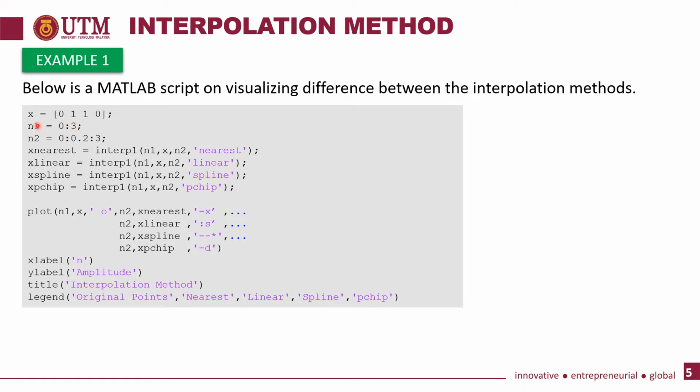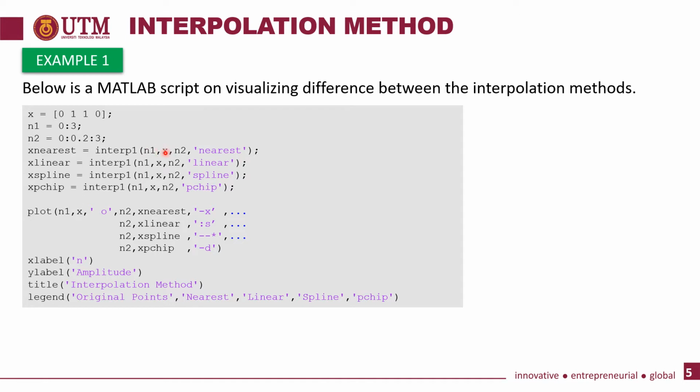n1 will be shown on the x-axis of the graph, and the x variable will be shown on the y-axis, because in the syntax interp1, n1 is represented on the x-axis. x is the function of n1, which is the output that you get from n1.